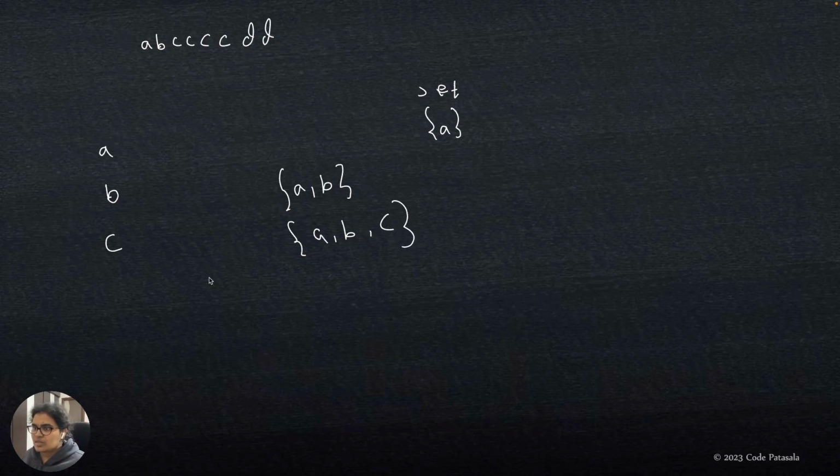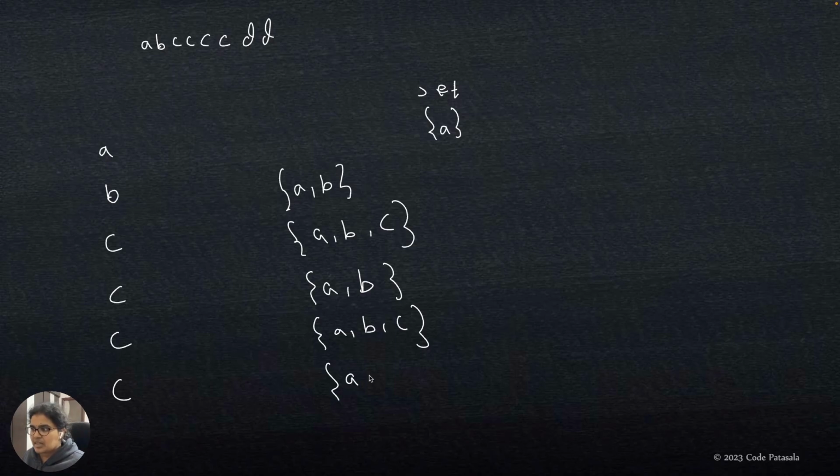Now there is another C. C is already there, so at this point we will remove C. Now we get another C. Two C's in and out are cancelled. Now there is no C in the set, so again we will add C to the set. Now we get the fourth C. Here C is present, so when something is present, we will remove it.